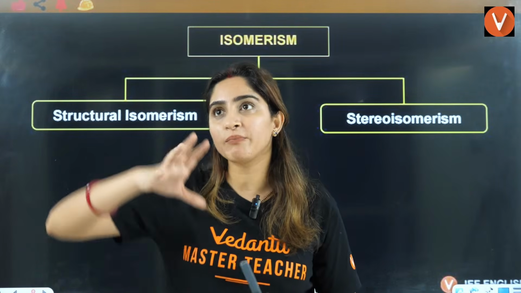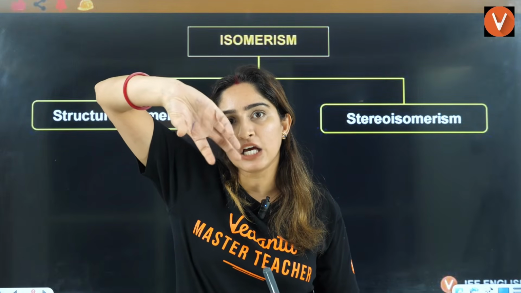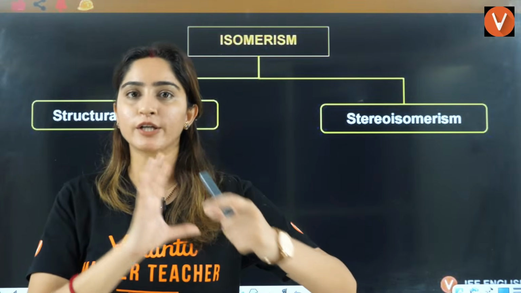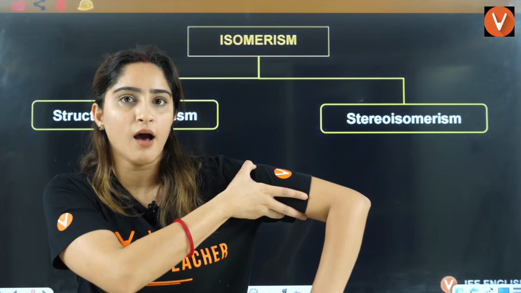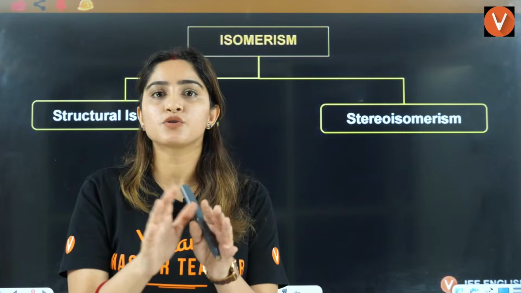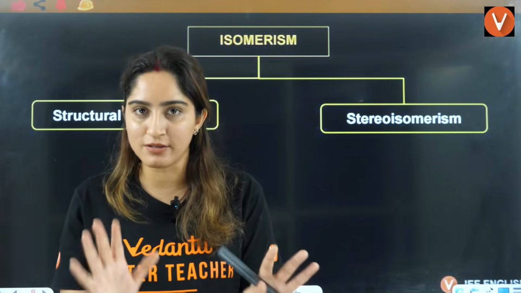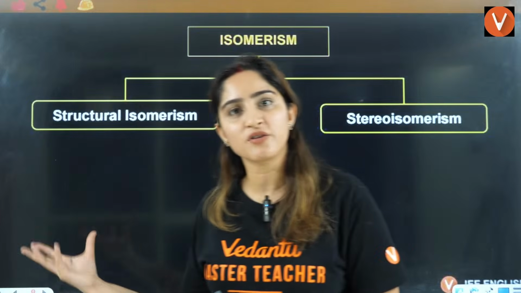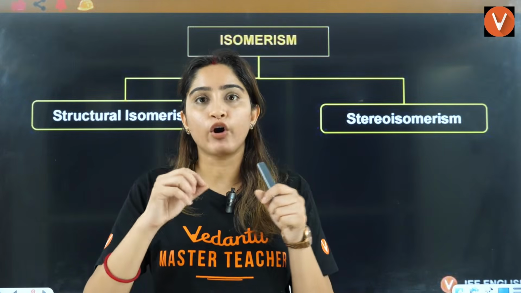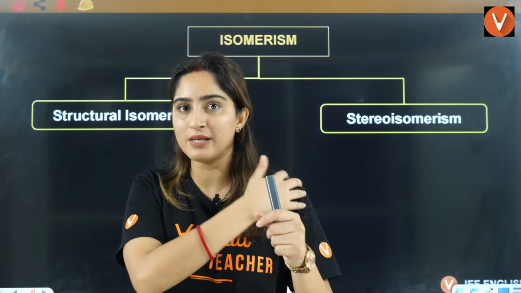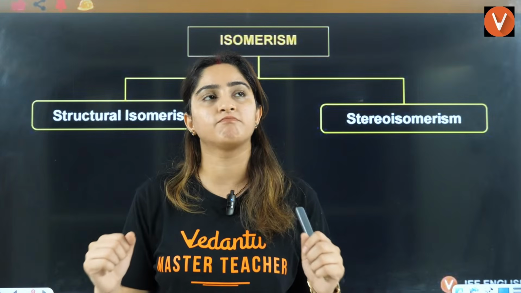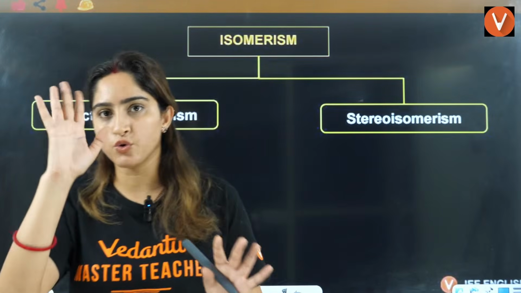So that means you can actually rotate the thing. For example, for a doll, you can twist the arm, but for me, you cannot twist the arm. So this is actually structural and stereoisomerism. In structural isomerism, I am saying that the linkage has to be the same, but you just need to, okay, so let's do one thing.